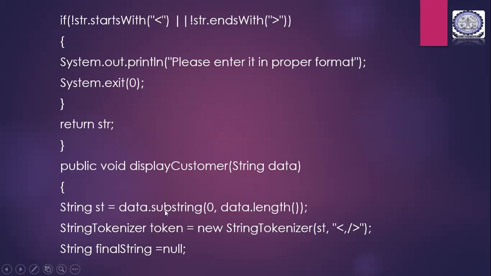So here you see this value will be given to data, and the entire length will be considered with data.length here. Okay, and the StringTokenizer new token will be created here, and it is going to check for these delimiters. It is showing, right, these are the delimiters here. When these delimiters are there, it is asking the StringTokenizer to split the entire string.